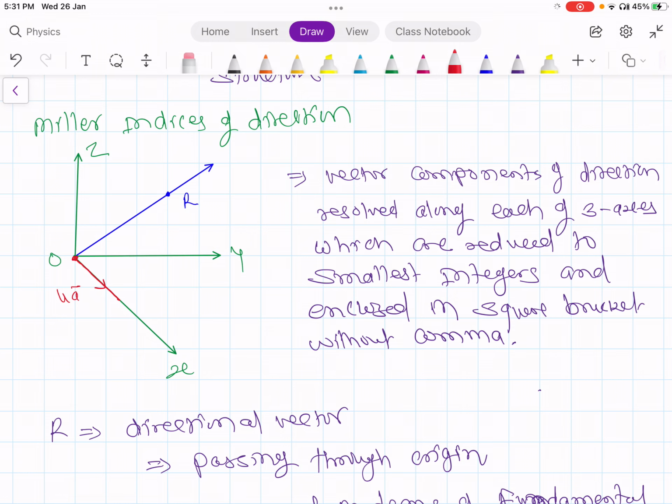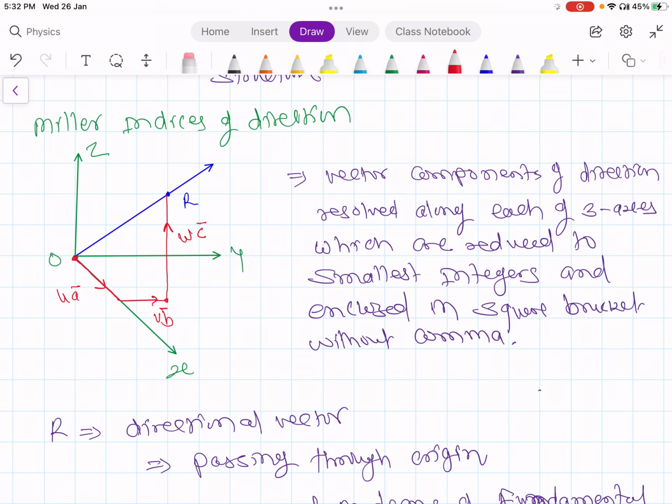Then from that point, you have to move distance V B bar along the y-axis, and from that point, you have to move distance W C bar along the z-axis, of which U, V, W are the Miller indices, and A bar, B bar and C bar just indicate the crystal axis.